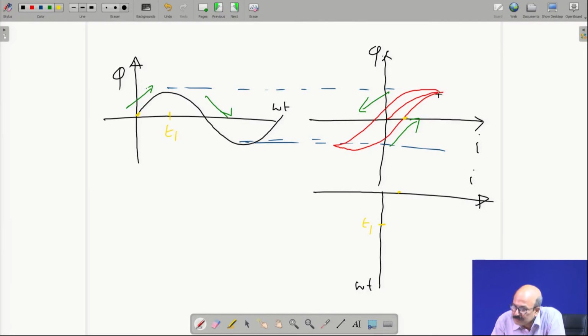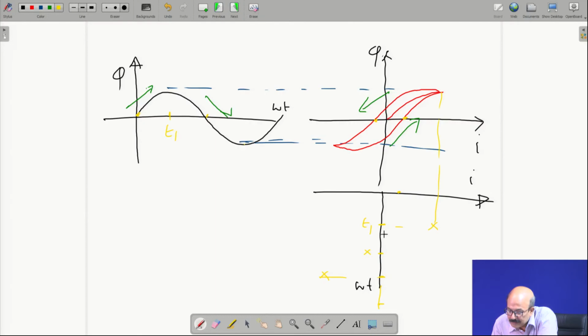T1 is the peak value, so you are here. When it comes down to 0, you can already get a negative value. And when it is again a peak, you get the same picture, all the way. Then the next one will again be a repeat.